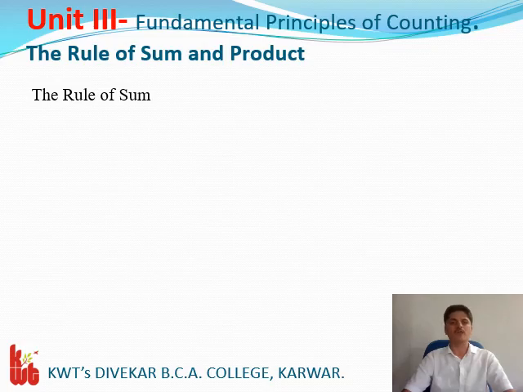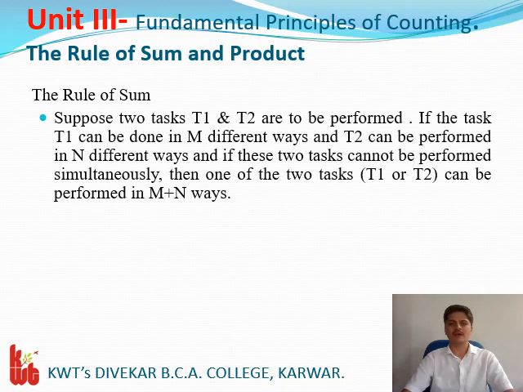First, the rule of sum. What it says is, suppose a person has two tasks to be done, task 1 and task 2.